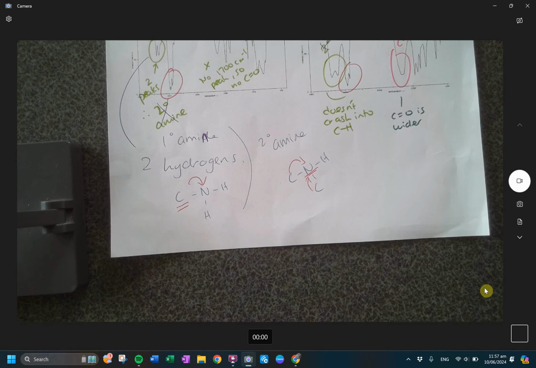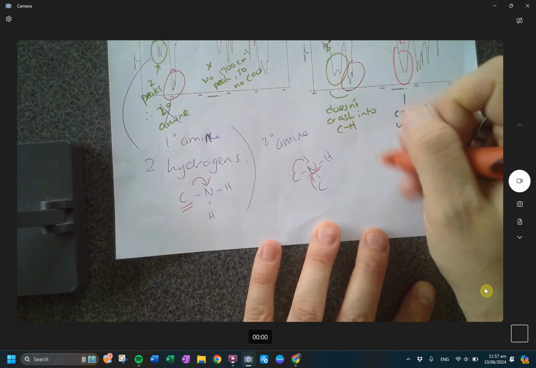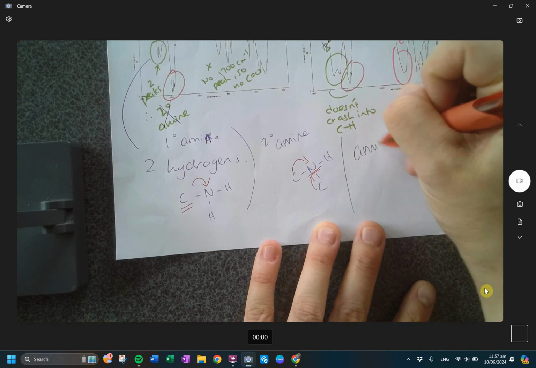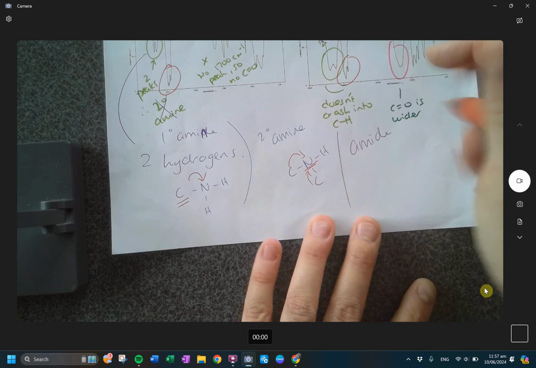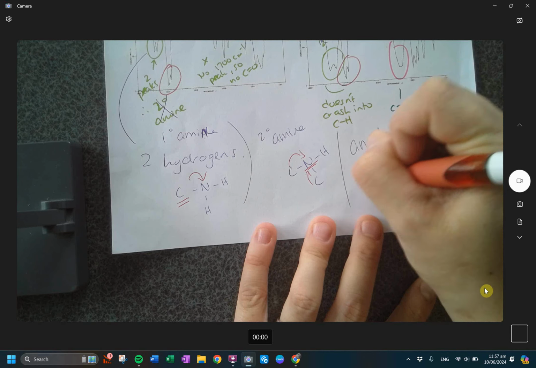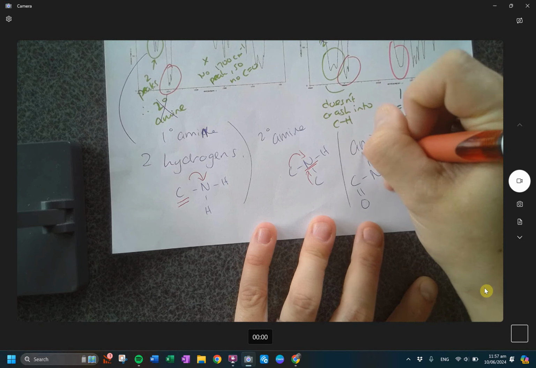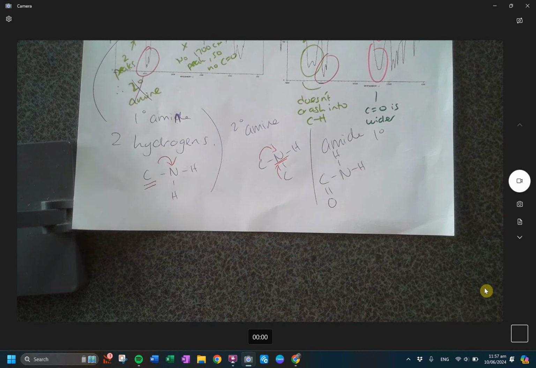If you had a tertiary, which can happen, you just have a nitrogen with 3 carbons, but I'm not going to give you that on this assessment. If you are dealing with the amides, again, the double peak tells you have a primary one, so you should have a nitrogen attached to a carbon, double bonded oxygen, and then hydrogen, hydrogen like that.